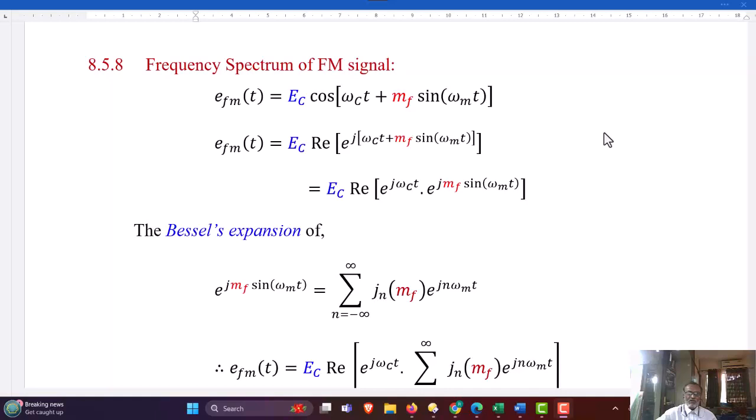And therefore, cos theta is basically a real part of e raised to j theta. We apply that identity here. So here cos of omega ct plus mf sin of omega mt is a real part of e raised to j omega ct plus mf sin of omega mt, where the bracketed term is theta. And therefore real part of e raised to j theta is nothing but this cosine term.